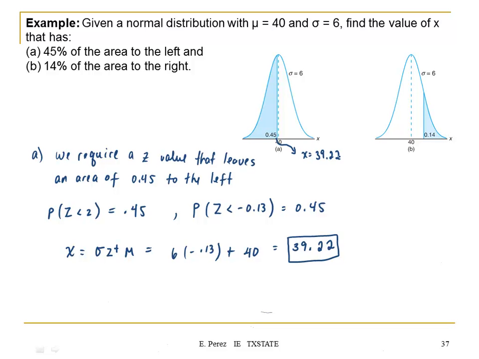Okay, so part B is asking for 14% of the area to the right. So as you know, this is a symmetrical curve. So finding this area is the same as finding this area.